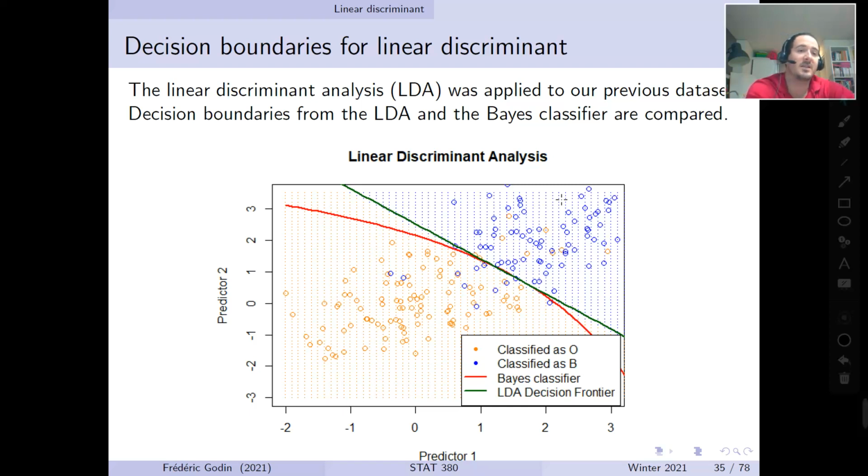Now, one thing I want to discuss here is the nature of predictors. Here the assumption was that the predictors were generated from a multivariate normal distribution. So this method might not work very well if you have qualitative predictors.